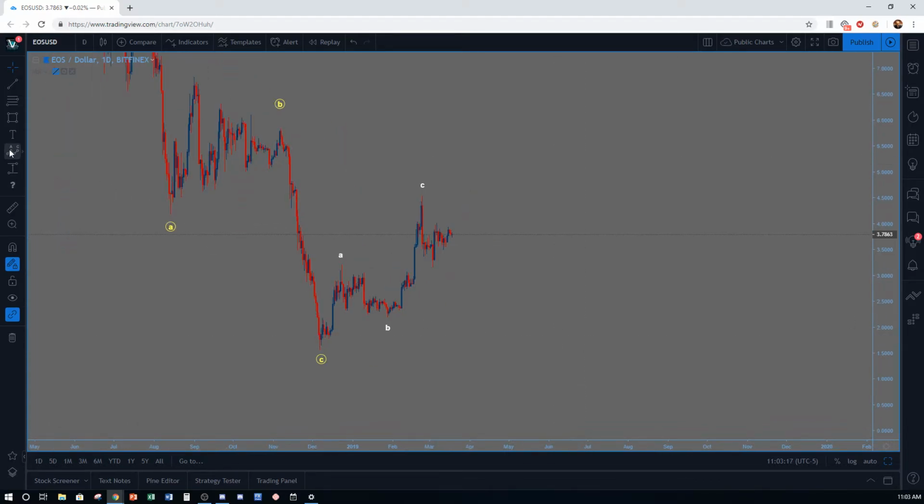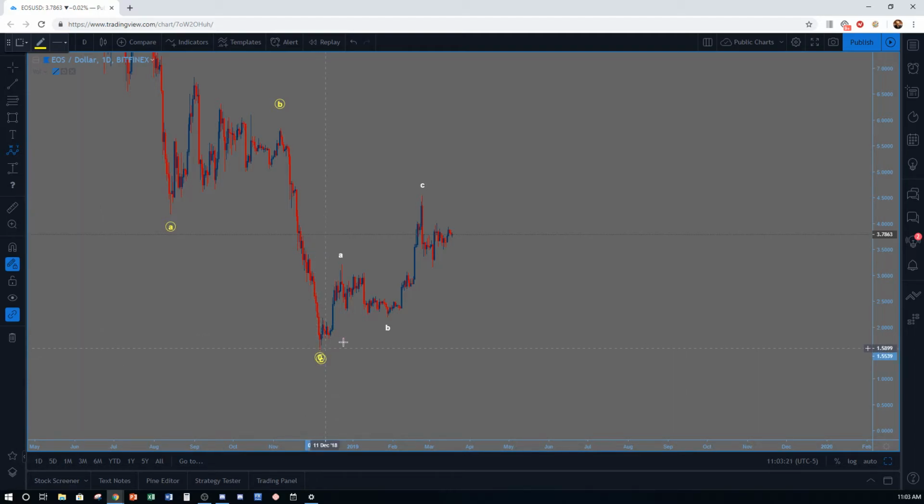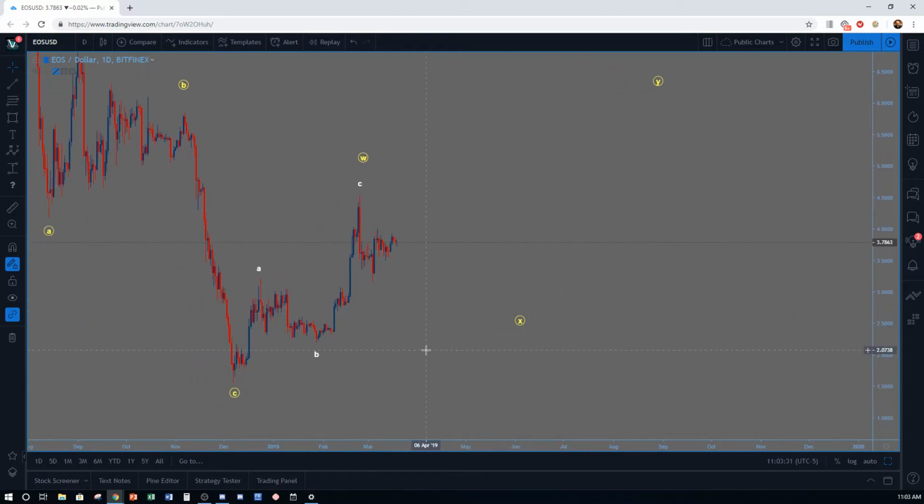So I see a couple options here, and my primary is going to be that this is some kind of W wave for an X and Y. X's, there's very few defined rules about X waves that I really accept right now.